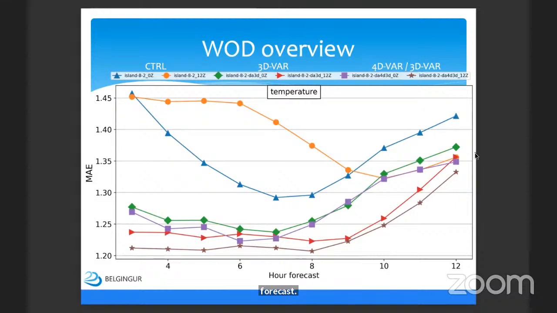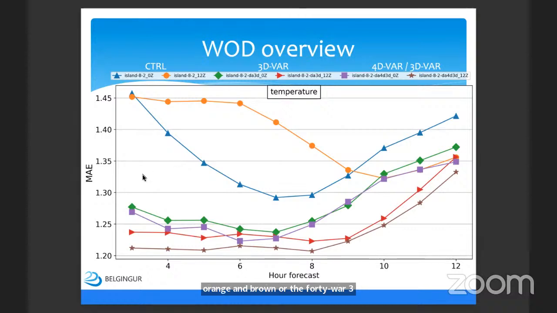Sorry about that. So up here with red and orange, we have the control. Blue is the midnight simulation, and the orange is the noon simulation analysis. And you can see that red and green are the 3D VAR, and orange and brown are the 4D VAR, 3D VAR mixture.